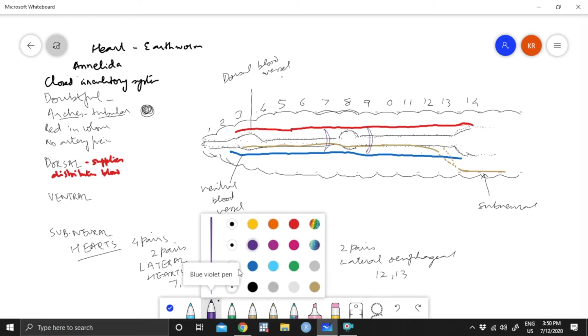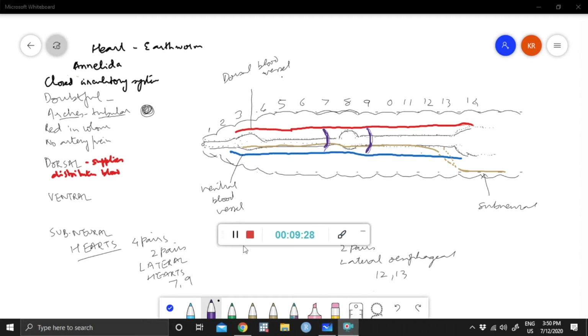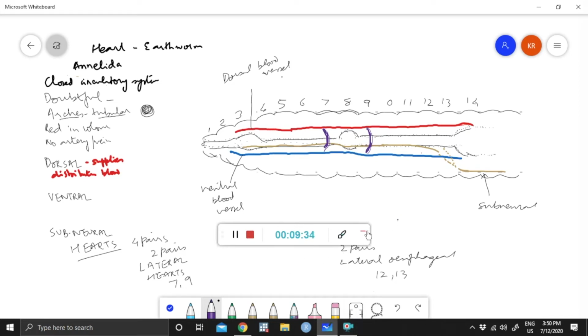Let us take a thicker pen to show this. This one also, a thicker pen. So it is collecting the blood from the dorsal to the ventral. The 9th also is collecting the blood from the dorsal to the ventral. So let us see how it will look.